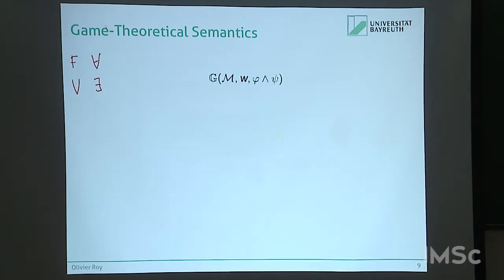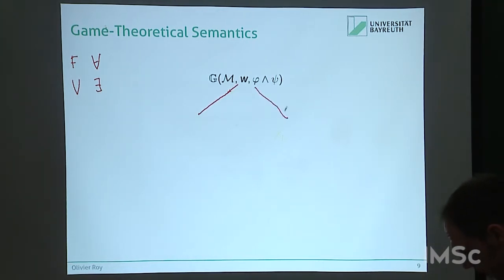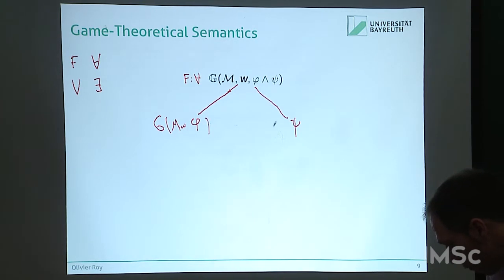So if the formula you're interested in is a conjunction that we evaluate in a model, a Kripke model like we had yesterday, what happens? Well, the choice is for the falsifier, which at the beginning of the game is Abelard. Abelard chooses one of the conjuncts, and the game continues on the same model and the same world, but on phi, or on psi.